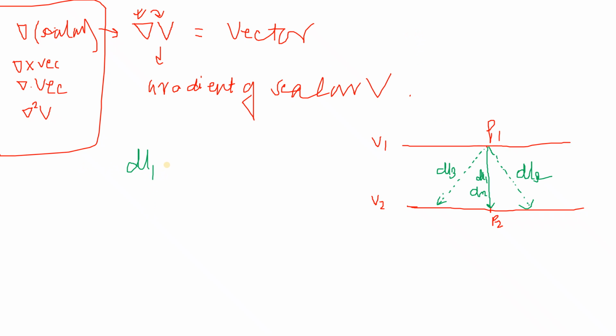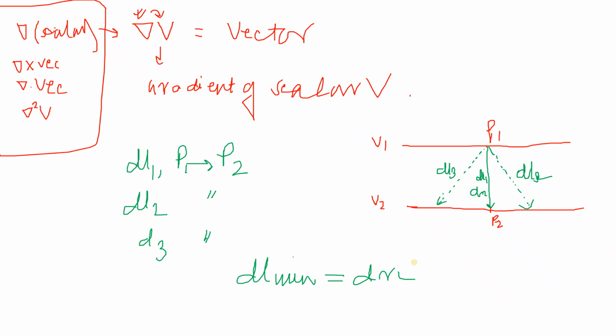So dl1 is one path by which I can travel from P1 to P2. dl2 is another path and dl3 is another path. So there are three paths. Now it is observed that dl is minimum for dn. That means it is the minimum path if it is perpendicular. So I am calling this path dn, the normal path. But if I travel along dl2 and dl3, then it won't be minimum.